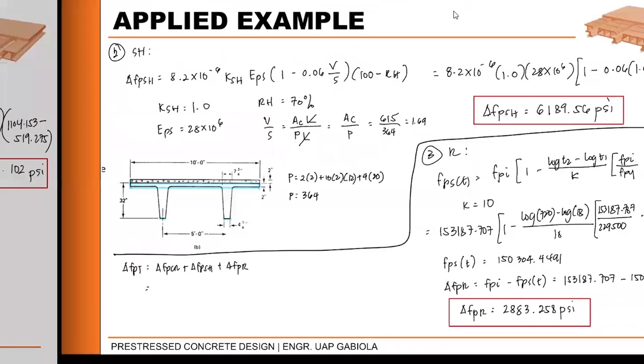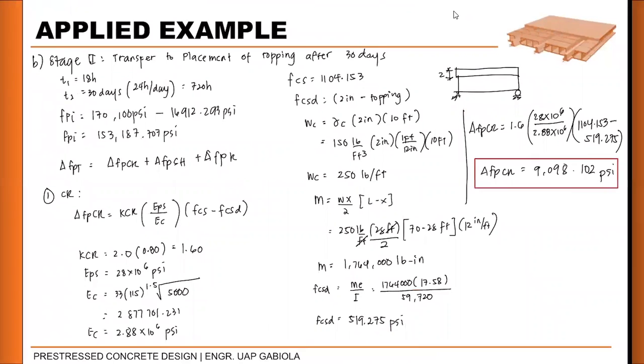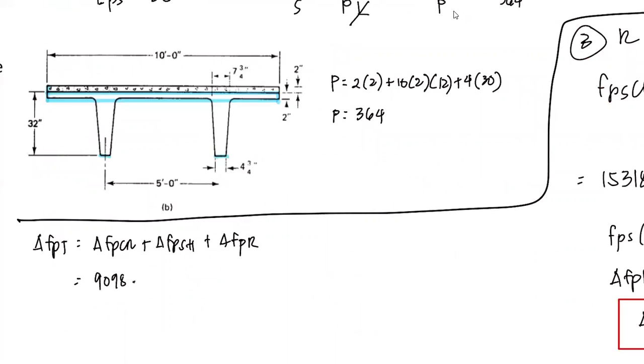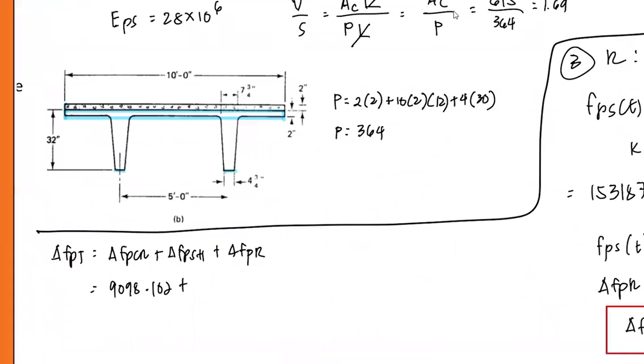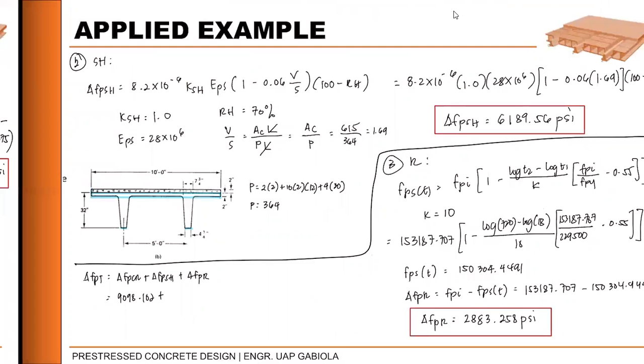Substitute natin yung sa creep, value natin is 9098.102 plus yung sa shrinkage natin is 6189.56 plus yung sa relaxation na 2,883.258.